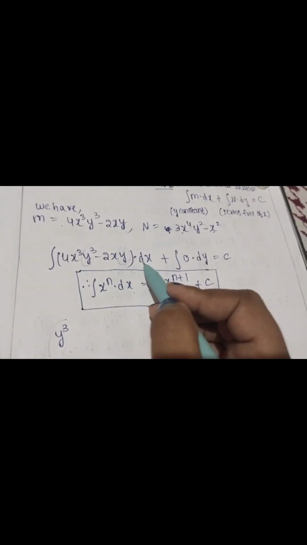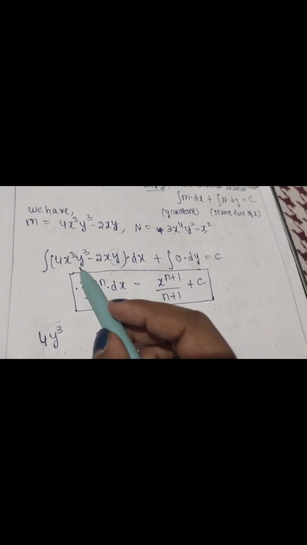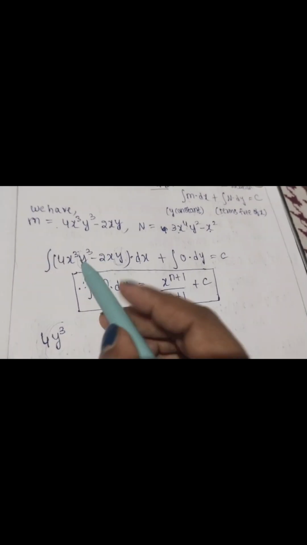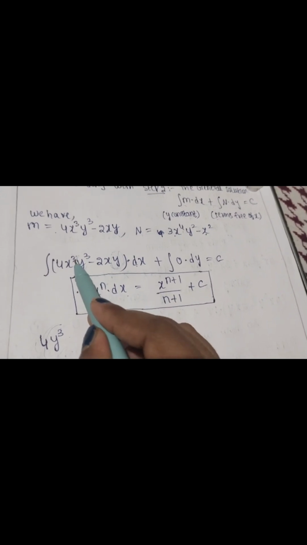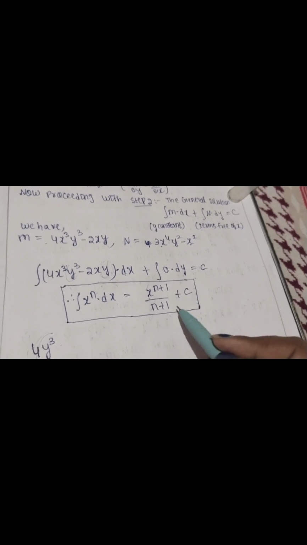Here 4x cube dx, 4 also, as it is constant, we should not disturb it. Now 3 moves, no, it's integration, right? So 4 can't be disturbed here.